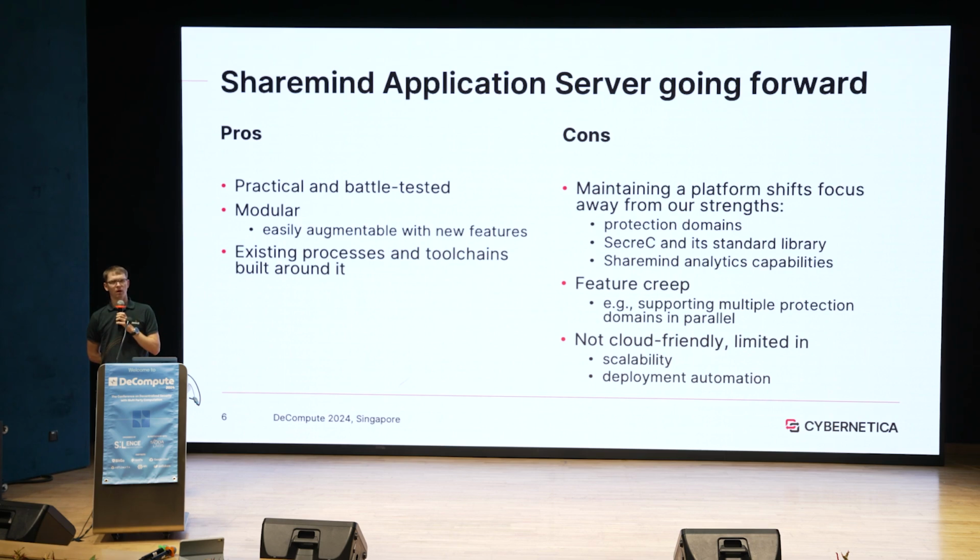However, what we have to deal with in addition to this is, for example, user management. We have to do user authentication, authorization. We have to do those access policies and everything for it to be actually deployable in practice, because you can't deploy something that is open for everybody when there's real data in it. So we have to do task management, because you can actually run several Secrecy programs in parallel on ShareMind Application Server.